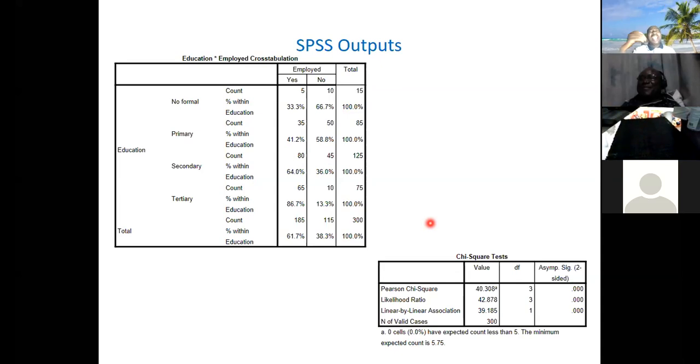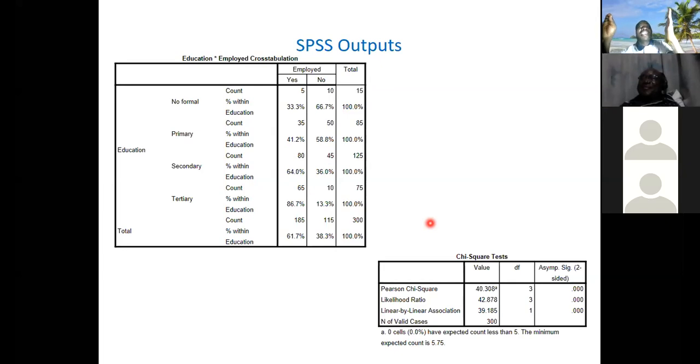The proportion that is employed, the percentage of employment, increases a little with each level. Yes, but it's dicey, because if you look at it, the exposure is ordinal but the outcome is binary.